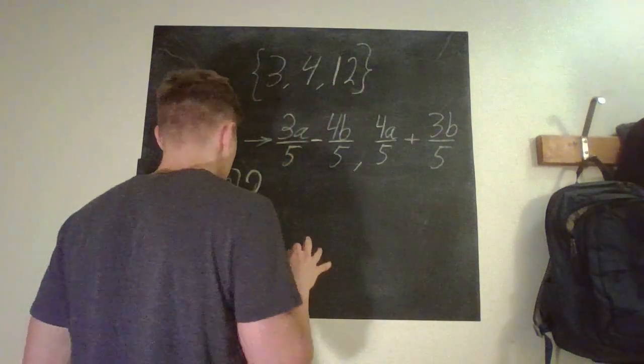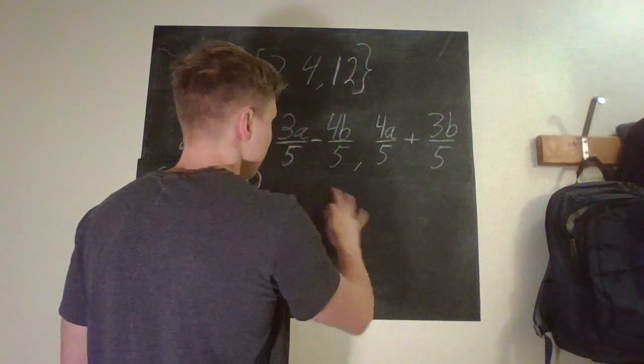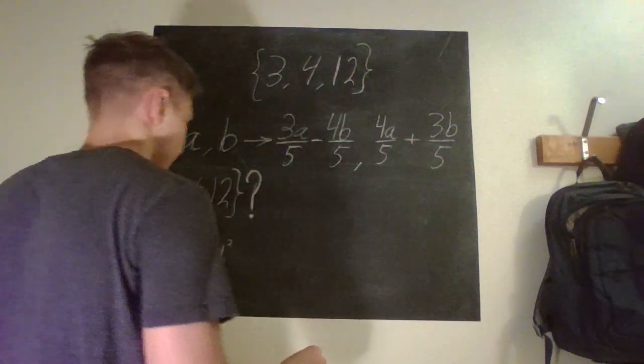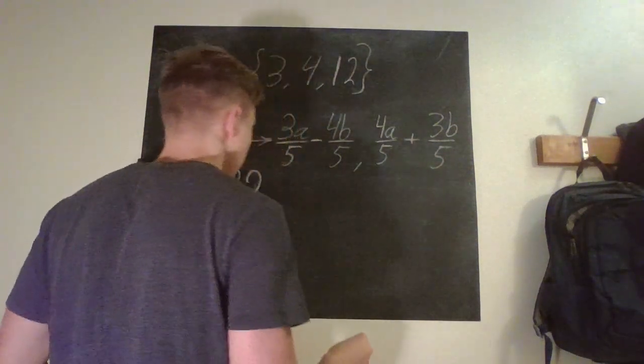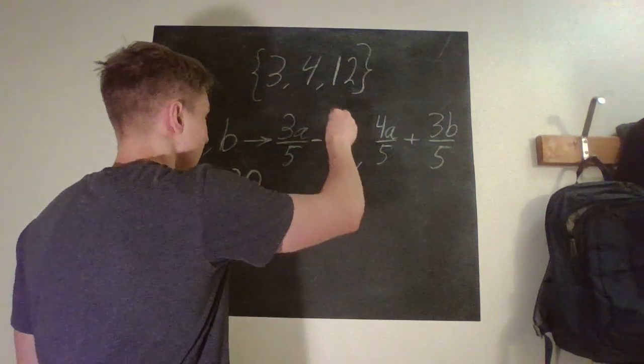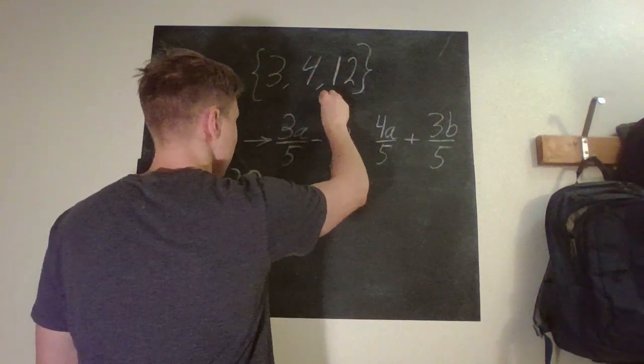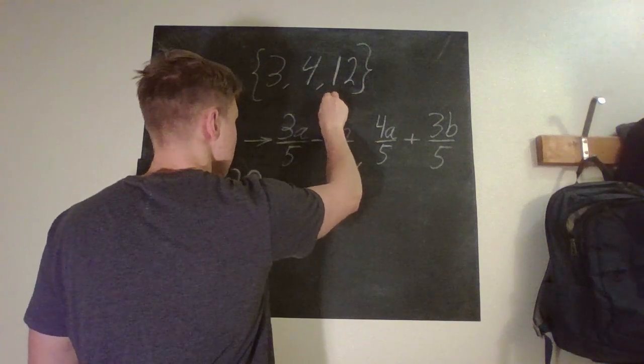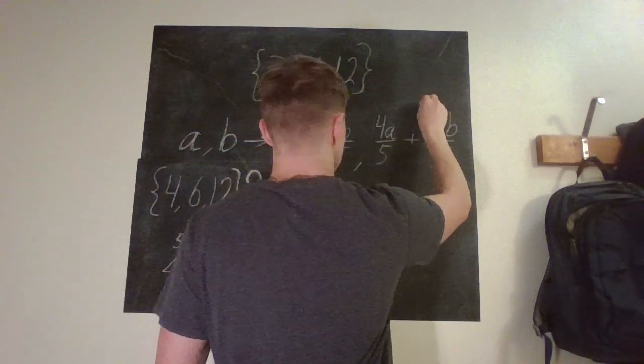What happens if we just sum up the squares of both of these things? I'll just call this thing here C, and this D.